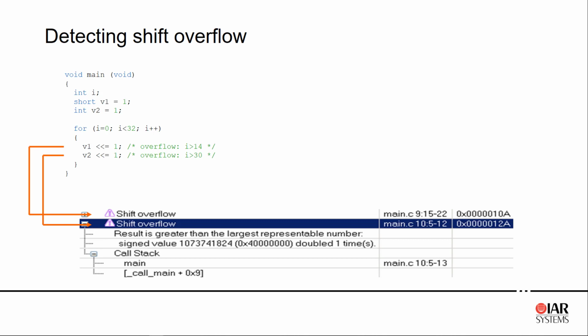Also, shift overflow and underflow. Oftentimes shift is used because it's a very easy way to multiply by 2 or divide by 2. So if you don't have a floating point unit on your microcontroller, it's a quick way to do some mathematical operations on your number that you may be working with. But sometimes you accidentally flow beyond the end of the register that you have.